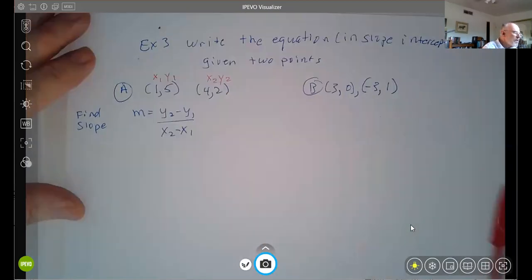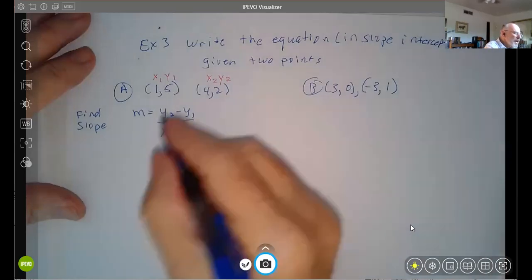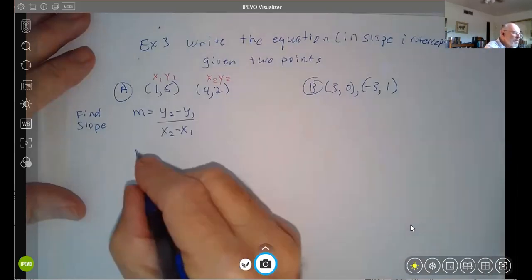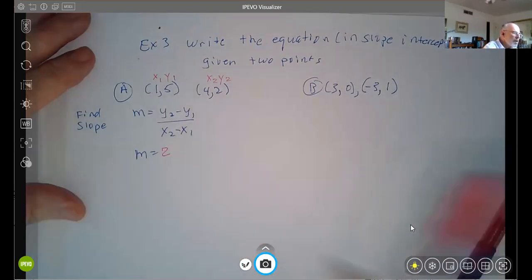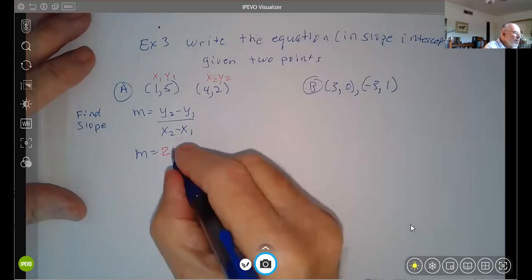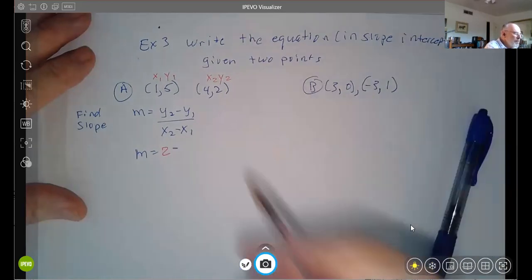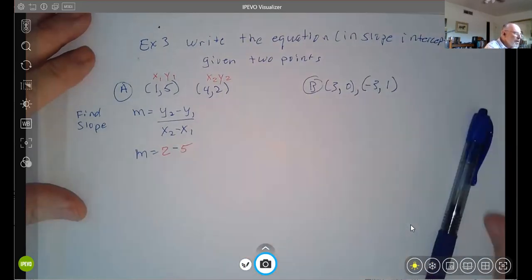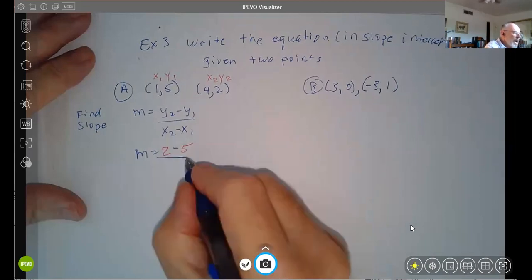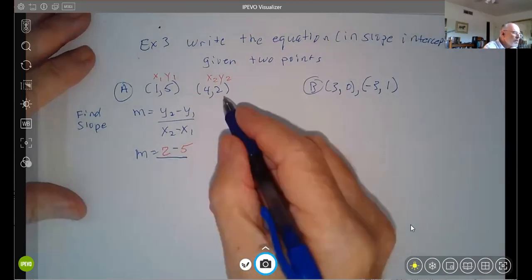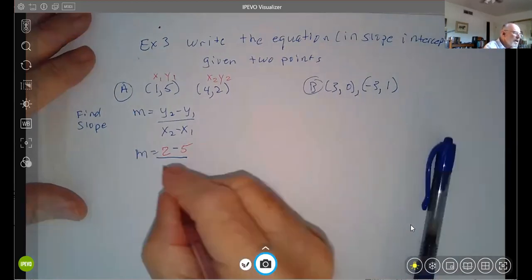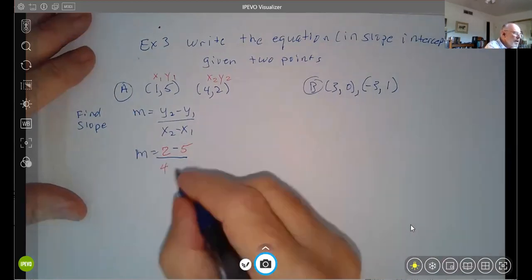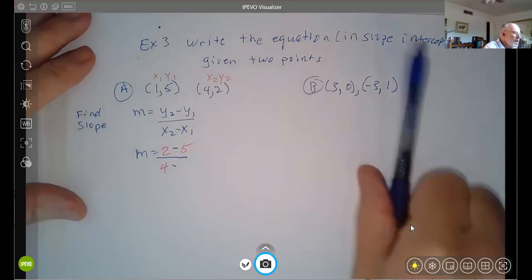And so then I'm going to go ahead and plug these values in. So m equals y2, which is 2, minus my y1, which is 5, divided by x2, which is 4, minus x1, which is 1.